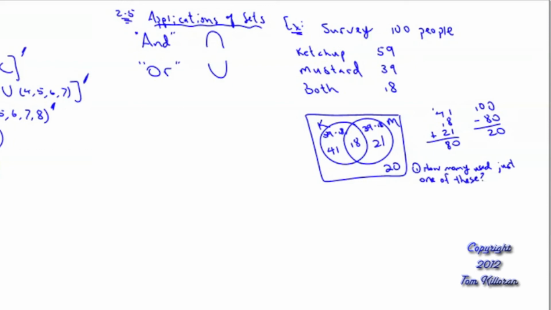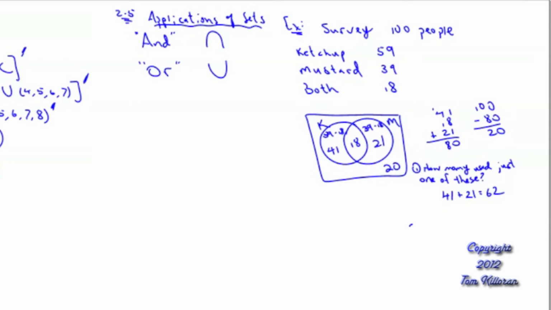And just for test purposes, so you can get partial credit, if you just write the answer as 62, and I have no clue where that came from, and maybe you added in another number that wasn't supposed to be, or you picked the wrong number from the wrong location, I highly suggest you write 41 plus 21 to come up with your 62. Write it down. It's not that long. More common than not, people put numbers in there that they shouldn't, or they don't put numbers that they really should.